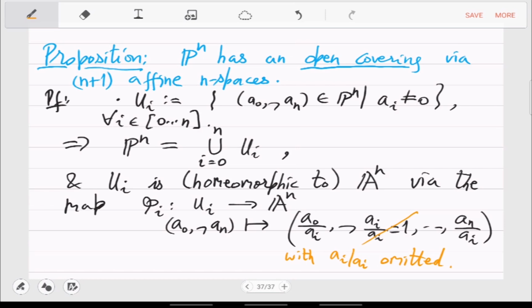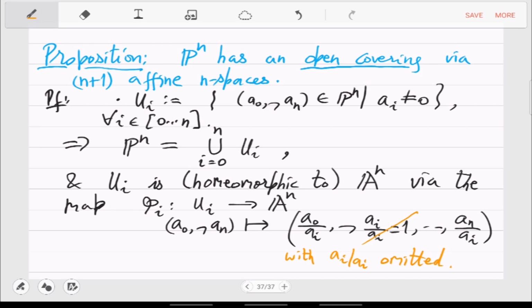You just reduce one coordinate. So, that is a well defined map from Ui to A to the n, and you can see that in the image you have the whole affine n space, and in the domain of course you have this Ui, which you can see what it is.